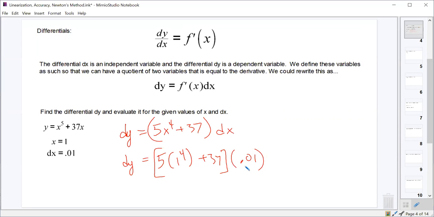And what does that come out to be? Looks like that's 0.42. And so we would say that as x goes from 1 to 1.01, the y value increases by about 42/100.